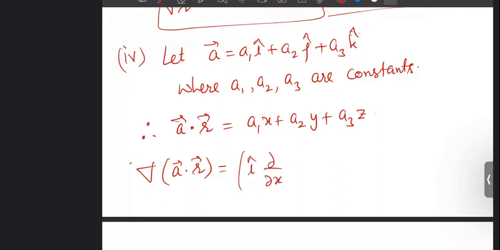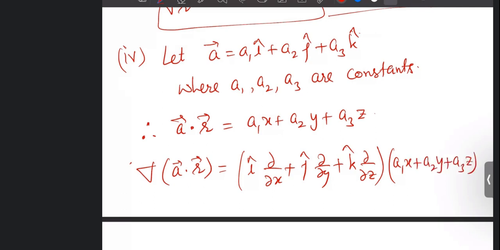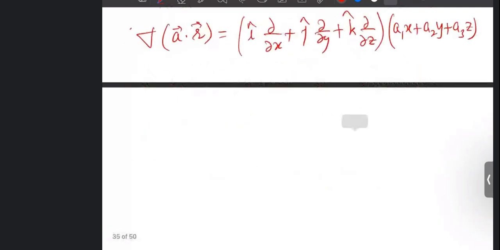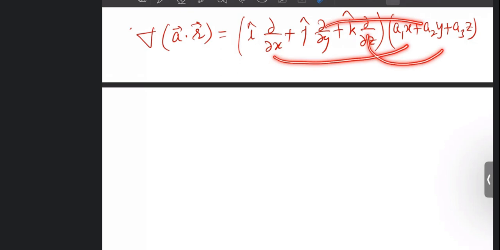So applying del on this will give the gradient: i partial by partial x, j partial by partial y, plus k partial by partial z into a1x plus a2y plus a3z. Simply apply on each one, with respect to x, with respect to y, then with respect to z of the complete part.